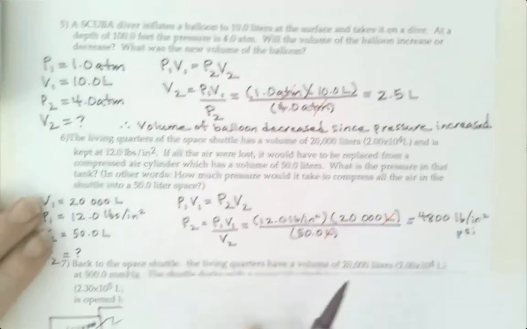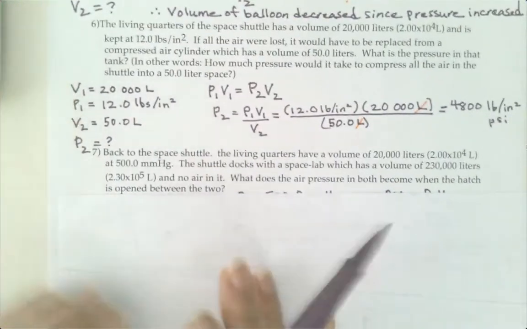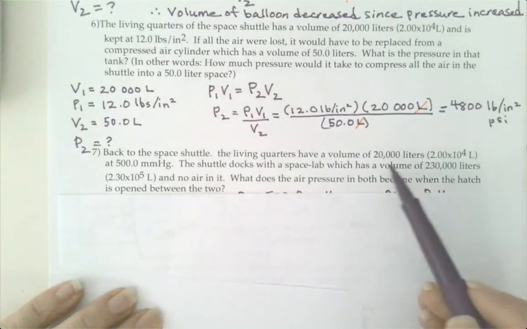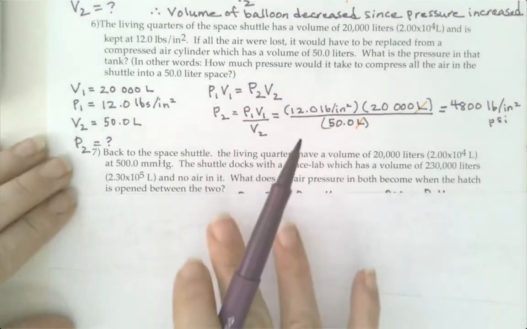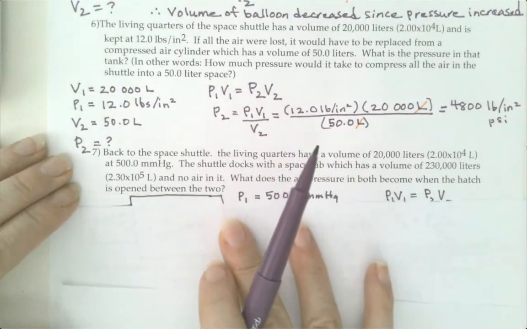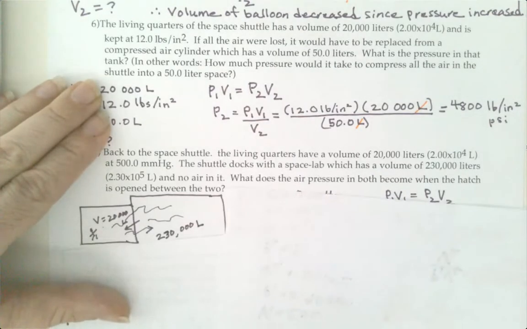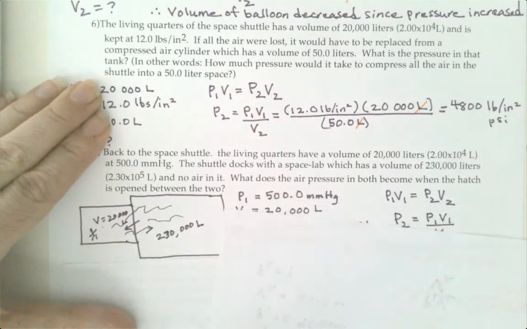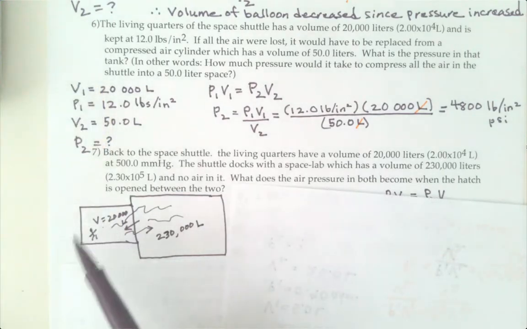This next one, we are back to the space shuttle, and we have living quarters with a volume of 20,000 liters where you are living, and you are at a pressure of 500 millimeters of mercury. So let's just take a look. I have a little drawing here. You are an astronaut, I'm assuming, since you are living in space, in this little space shuttle.